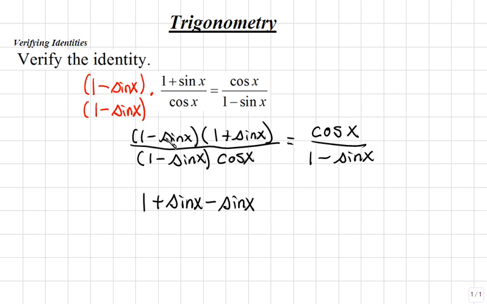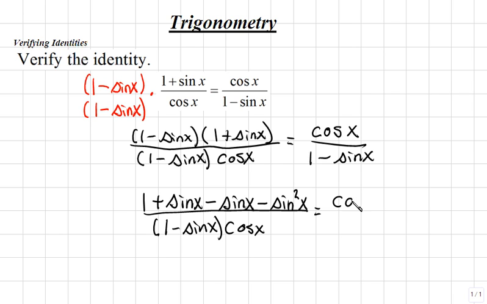And our last term will be minus sine of x times another sine of x, which we'll write as minus sine squared of x. Our denominator we'll leave alone as 1 minus sine of x times cosine of x, and this is still equal to our right side of cosine of x over 1 minus sine of x.